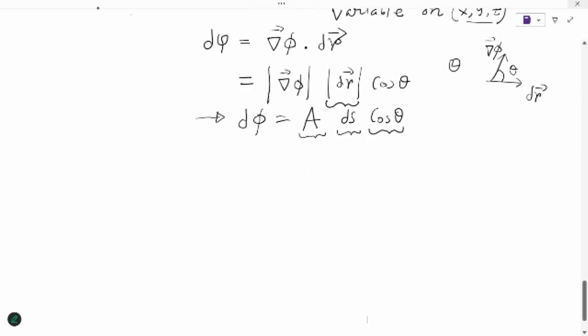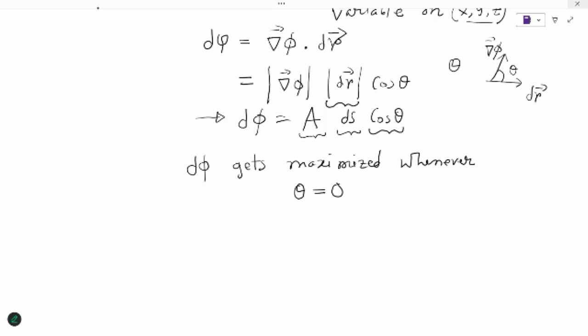So d phi gets maximized whenever theta becomes 0, that is cos theta becomes 1.